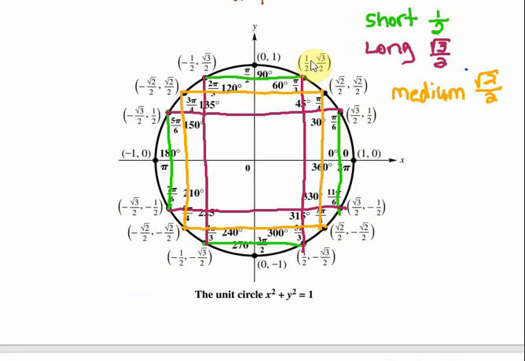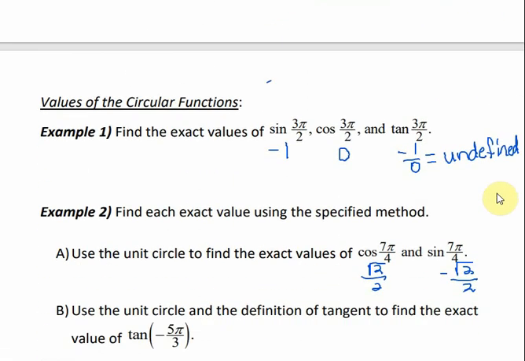So this would be -5 pi over 3. Now, to get the tangent, we would do sine over cosine, or y over x, which would end up being square root of 3 over 2 over 1/2. The 2's would cancel and we would just get square root of 3 over 1, which is the square root of 3.